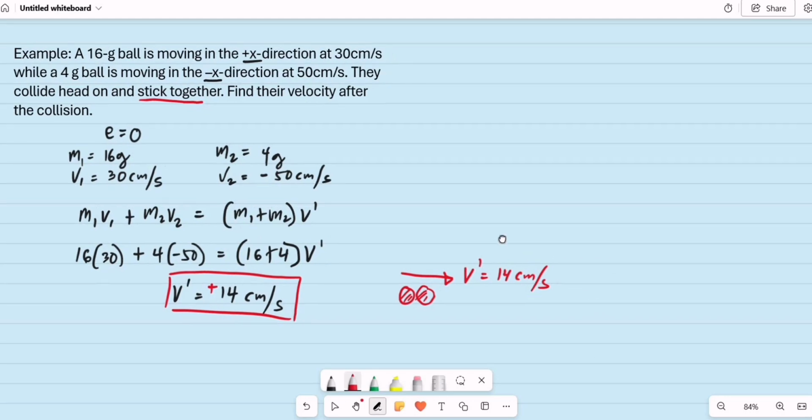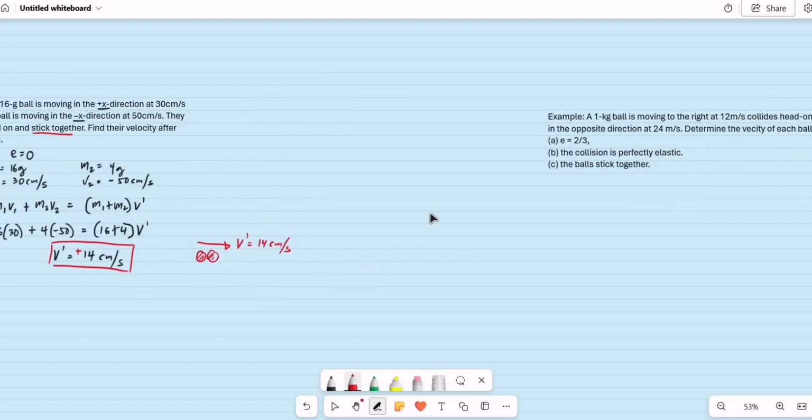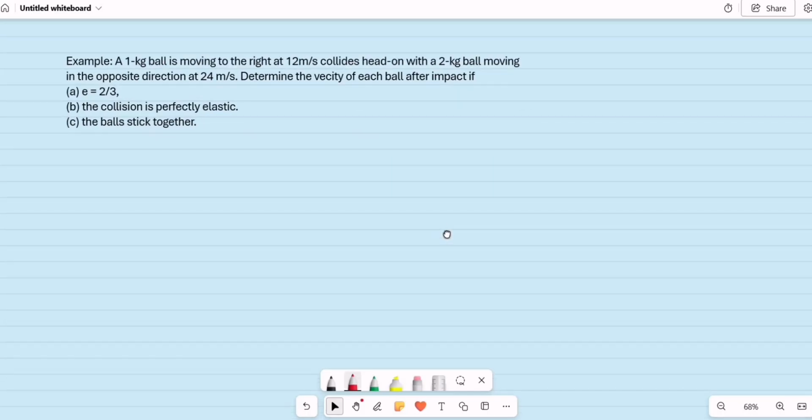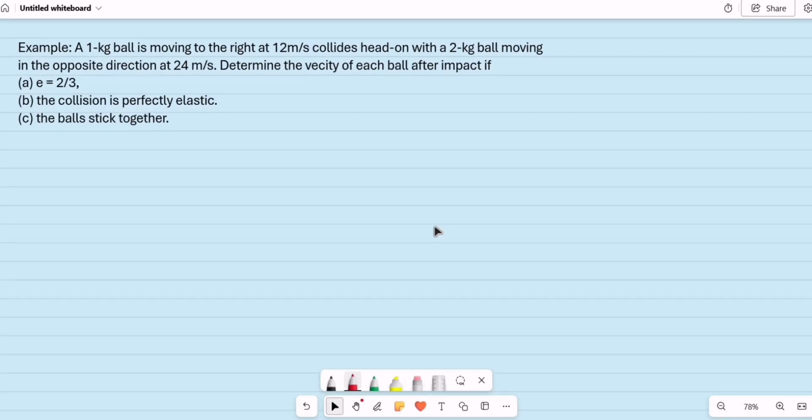Okay, so we proceed to the next one. Another example: a 1 kilogram ball is moving to the right at 12 meters per second and collides head-on with a 2 kilogram ball moving in the opposite direction at 24 meters per second.